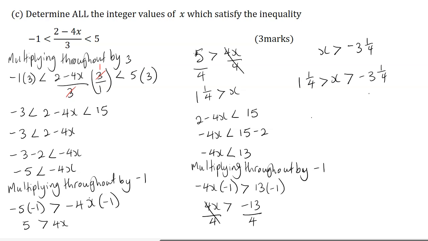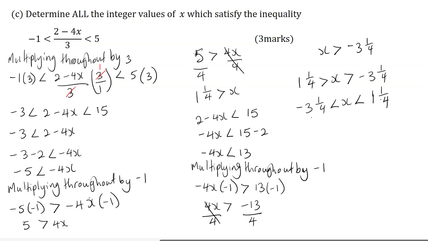Now, because this is in descending order, some students may have difficulty looking at this and easily identifying the integer values of x. So I'm just going to rewrite this in another form, which is the same as saying here that minus 3 and a quarter is less than x less than 1 and a quarter.